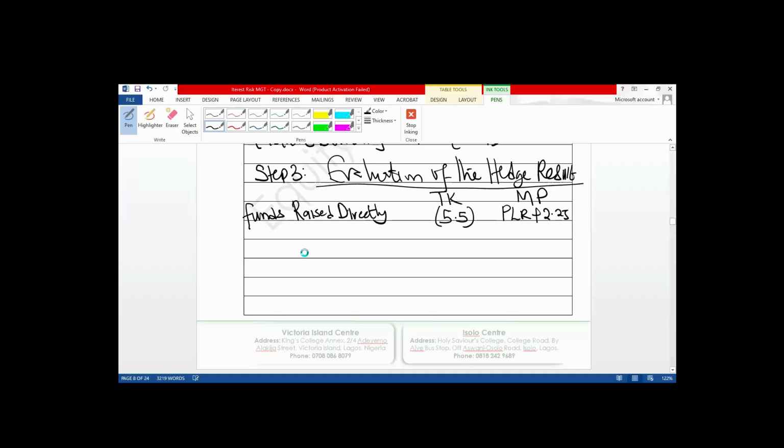So TK, that's 6.375% to be received here. This is payment by MP, received by TK, 6.375.